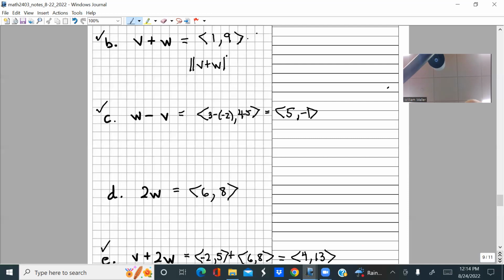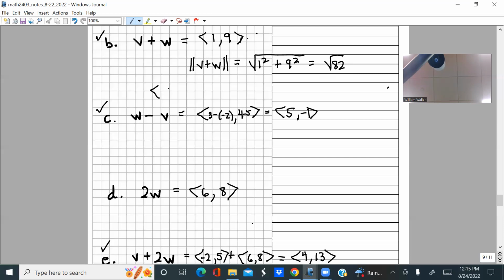So calculate its original magnitude, which is just the square root of the sum of the squares of the components. So you end up with, what is this, square root of 82? And you can just leave that as square root of 82. That doesn't really simplify anyway. And then you just divide your components by that.